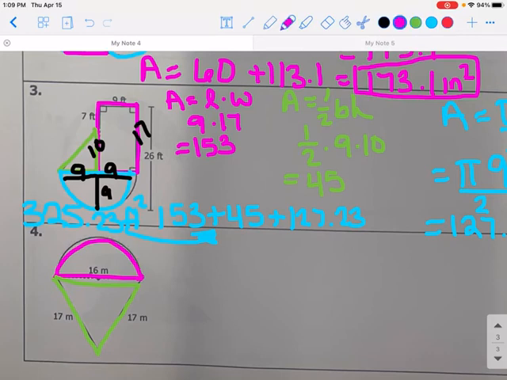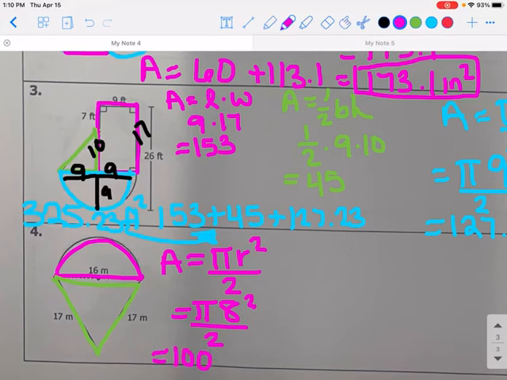In that picture, that's 16. Since they centered it, that means the entire way across is 16. So when I plug into pi radius squared, and remember, divided by 2 since it's a semicircle, I'm not going to put 16, I'm going to put 8 for my radius. And that should come out to just a little over 100, 100.53.